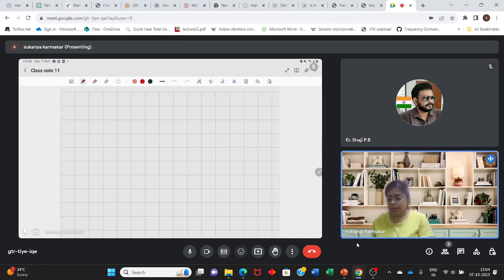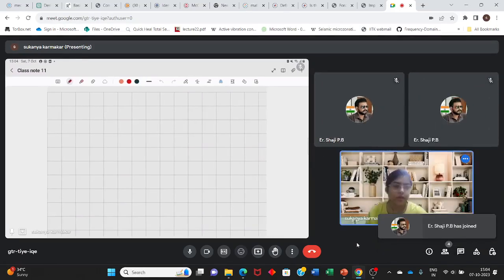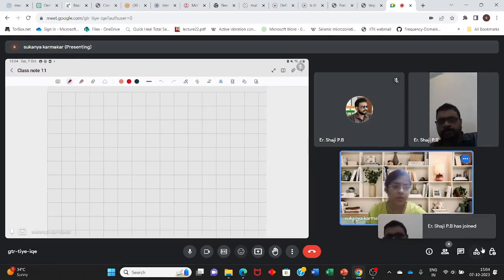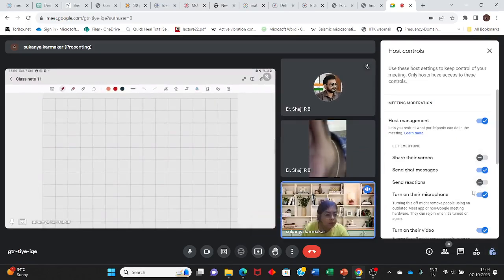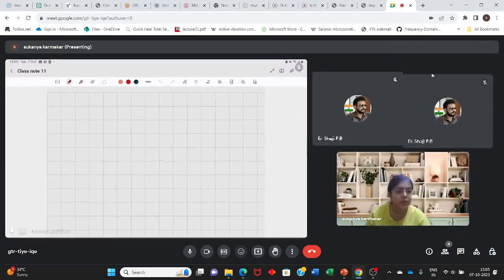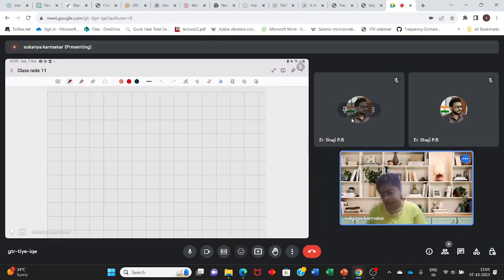So first, we'll look at an example. I'll take up a channel section, and we'll find out the plastic section modulus about the major axis and the minor axis.